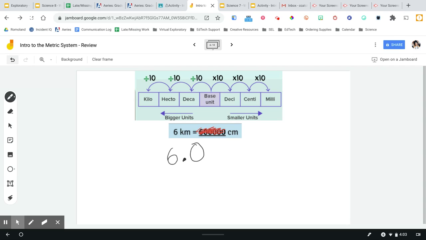I also know that I am starting with the unit kilometers, and I know that because it says it right here, 6 kilometers. So here's my starting point, kilometers. And I know that I'm going to convert that into centimeters. So I need to figure out where the prefix centi is, and aha, I found it right over here. Here is the prefix centi.